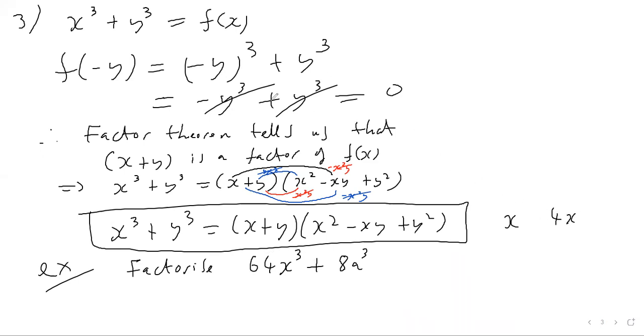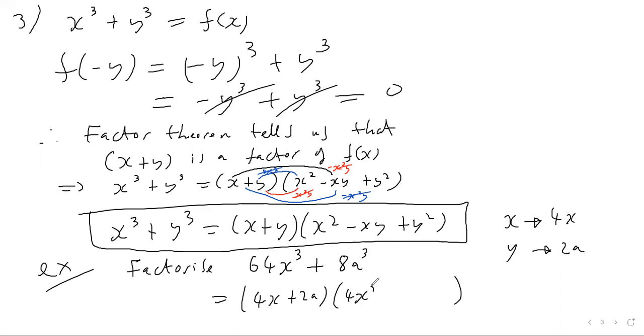I'll use an arrow instead of an equal sign there just to make it clear that we're doing a transformation. And then our old y value is going to be the cube root of this 8a cubed. So this goes to 2a. So using our formula, x plus y is going to be 4x plus 2a. And then x squared will be 4x squared.